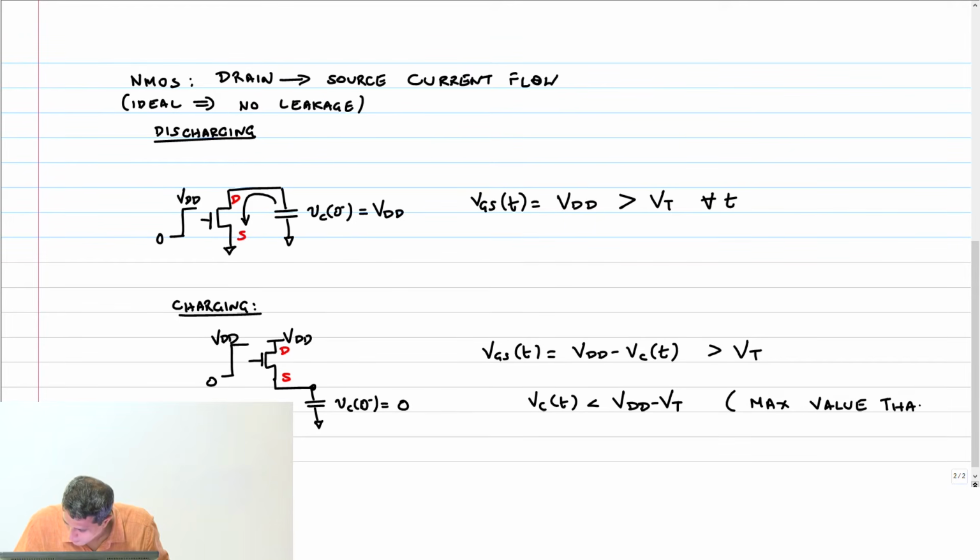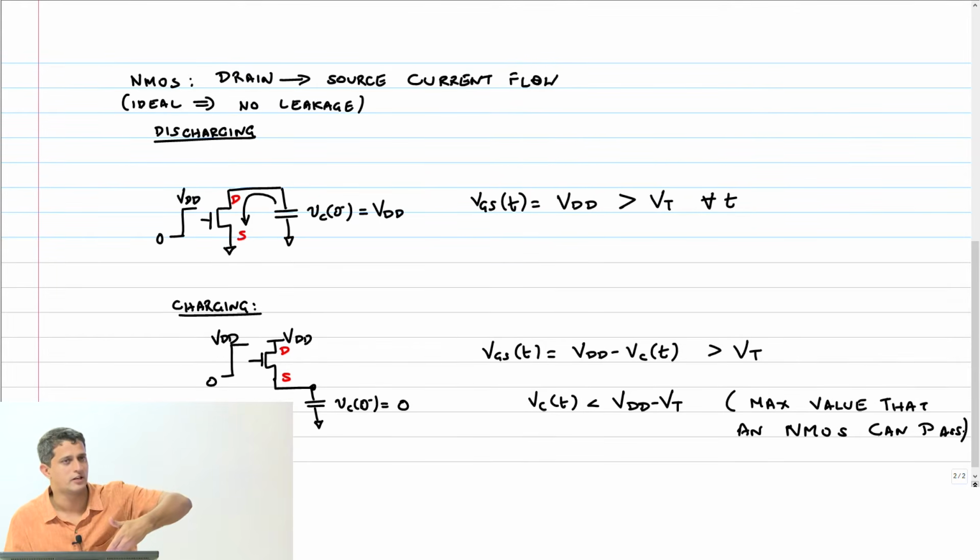So this is the maximum value that an NMOS can pass. This guy is a switch that is trying to pass a high voltage. Unfortunately, it can pass only VDD minus VT. Of course, if it is discharging, then it can discharge all the way to ground.